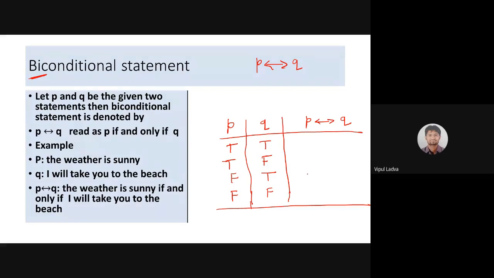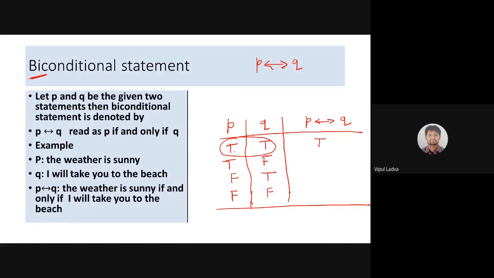What will be the truth value of this biconditional statement P if and only if Q? So, Bharti? True. True. Think a little, keep both these statements in mind. P means true, that is, the weather is sunny, and Q means I'm going to take you towards the seashore.